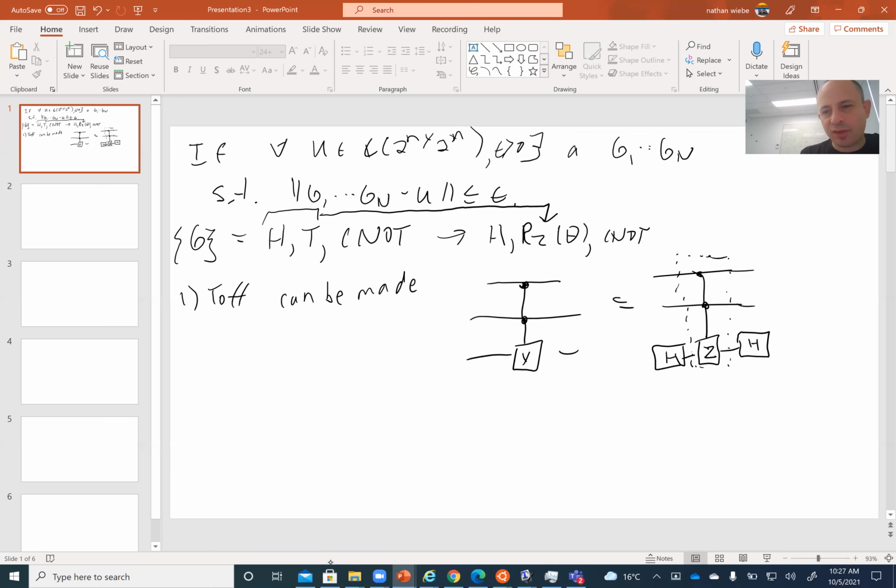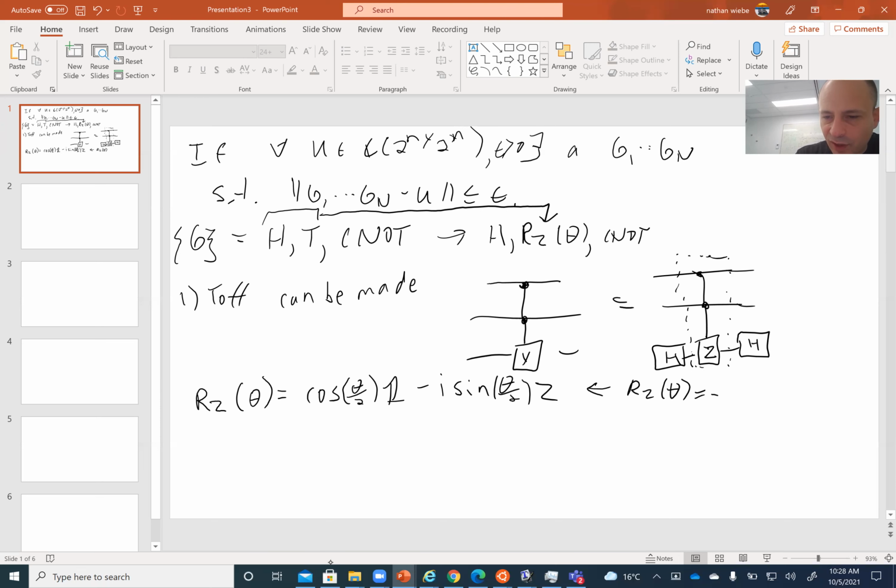Now, the next thing that we're going to do along the way is we're going to use the fact that RZ of theta is equal to cosine of theta over 2 times identity minus i sine of theta over 2 times Z. This again follows from the definition that RZ of theta is equal to e to the negative i Z theta over 2.